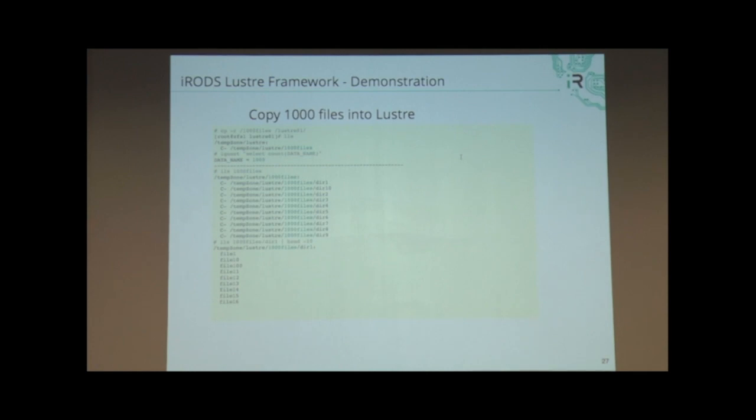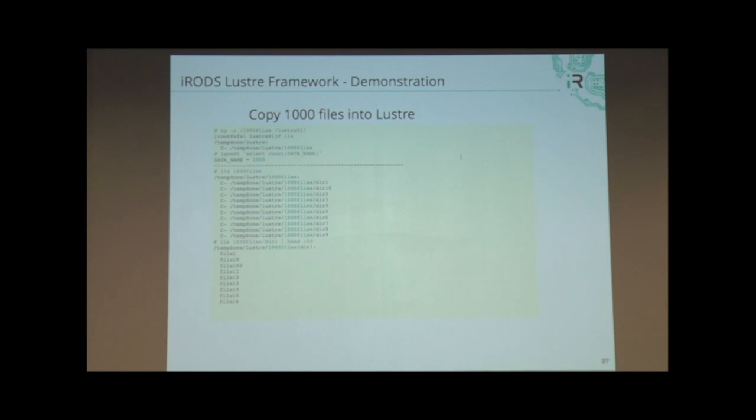Okay. I was going to do an online demonstration, but it wasn't really going to be possible here. So I updated the slides just to show you a quick demo of the use of the connector. In this example, I have a Lustre mount point. I copied 1,000 files into Lustre.